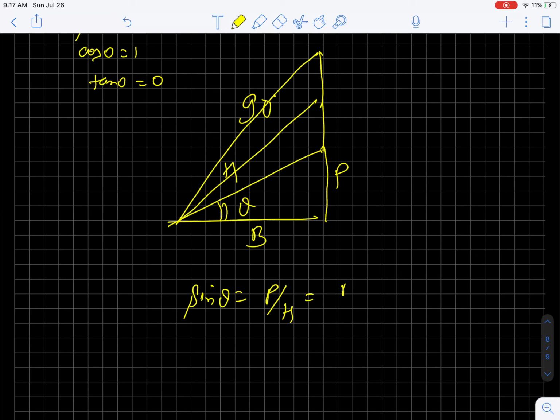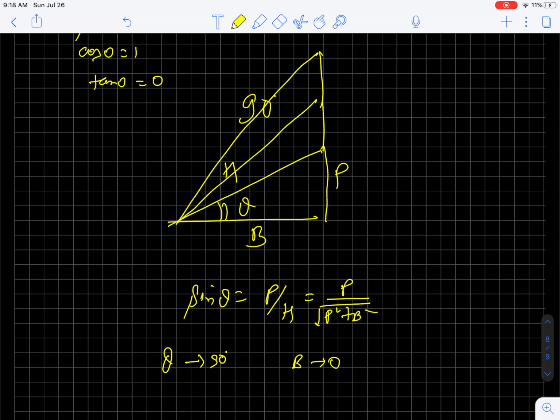As you increase p, p becomes equal to h, and h is the square root of p square plus b square.